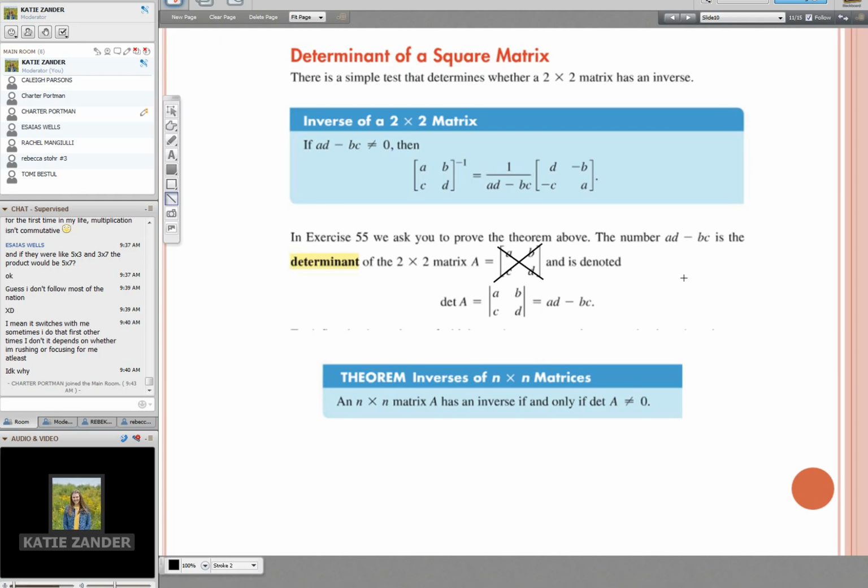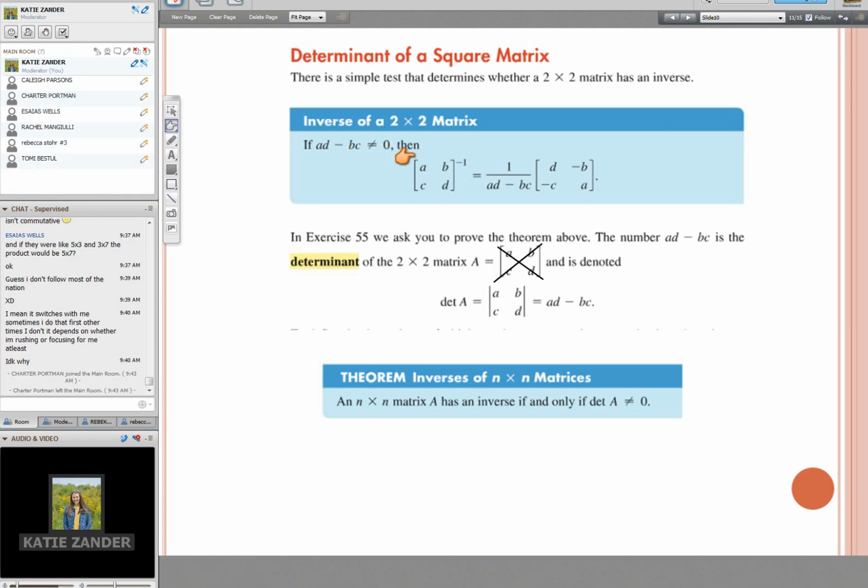All right, the determinant is important because if the determinant is not 0, then that original matrix has an inverse. And to find the inverse, you're going to take 1 over that determinant and multiply it by the original matrix kind of inverted a little bit.